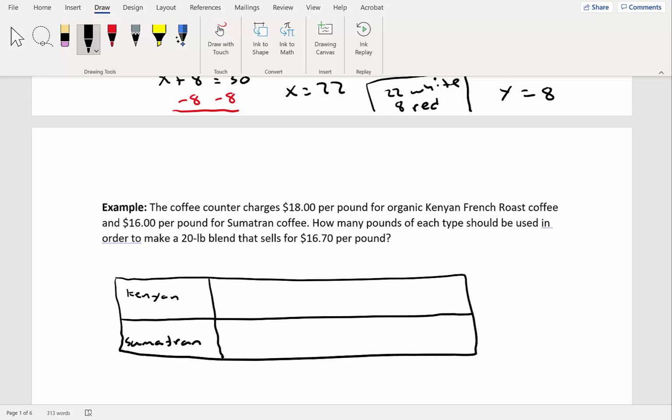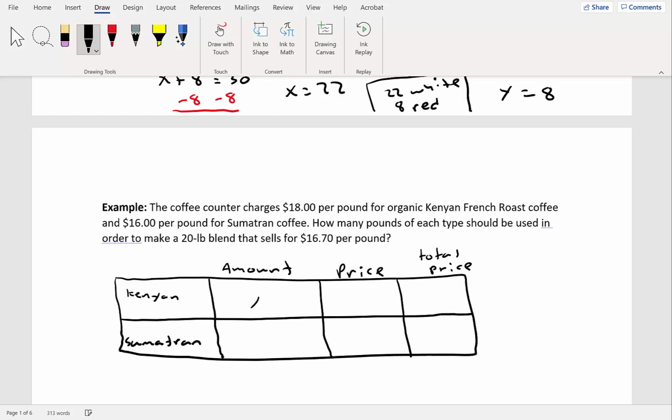All we're given is that the total amount has to be 20 pounds. So our first column will put the amount of coffee. Second column will be the price. And our third column will be the total price.